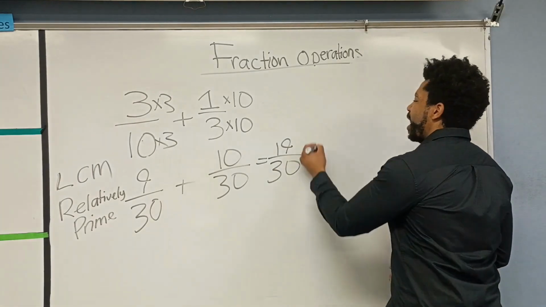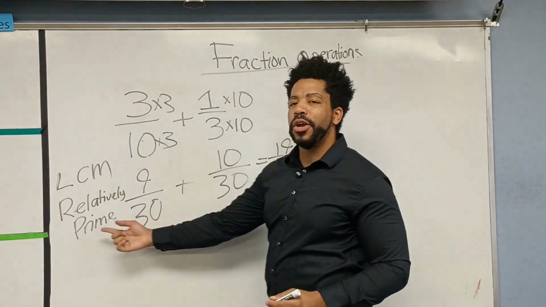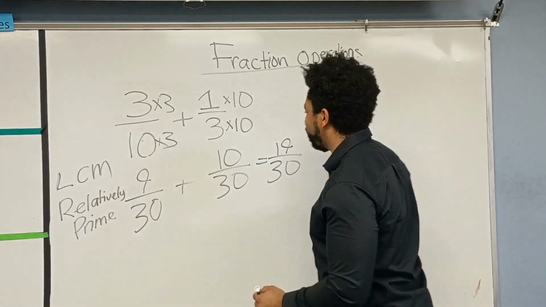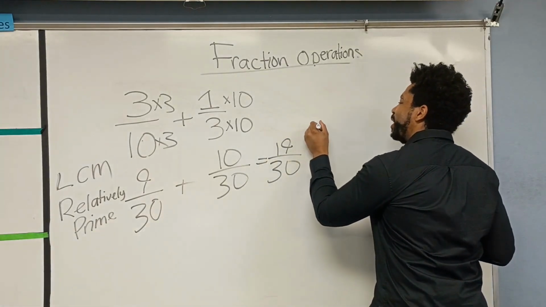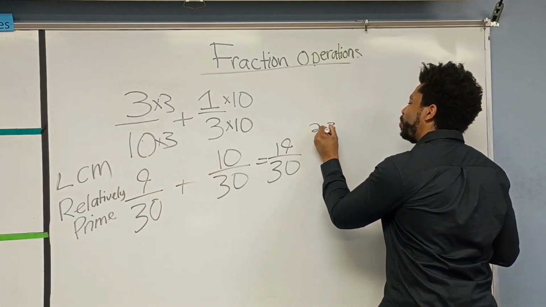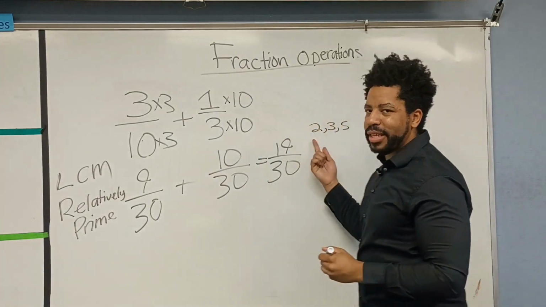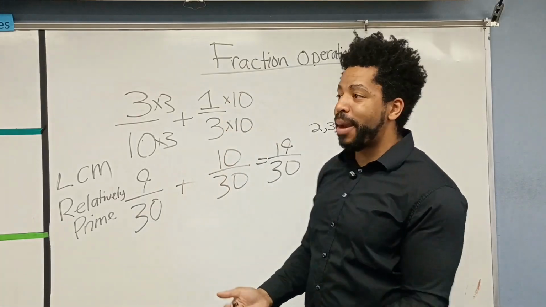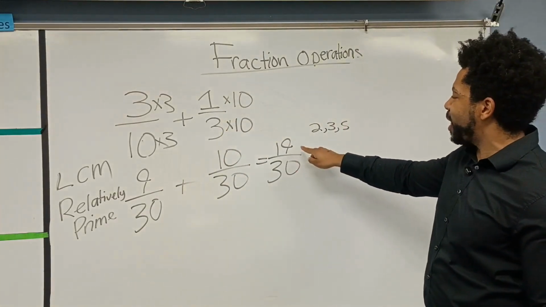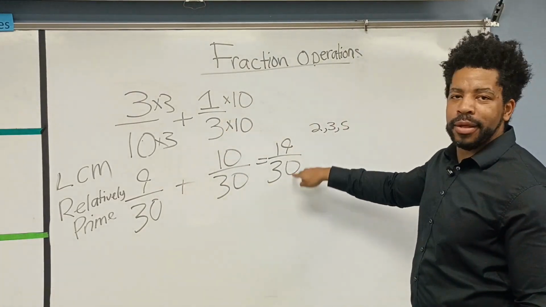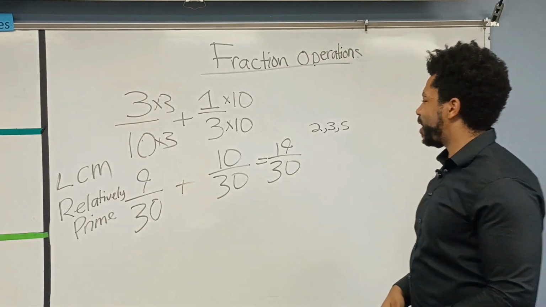And other than knowing this term right here, relatively prime, there's something that I like to do here, which is I'll write down 2, 3, 5. These are the 3 smallest prime numbers. And you want to see if you could divide out by one of these. Okay.